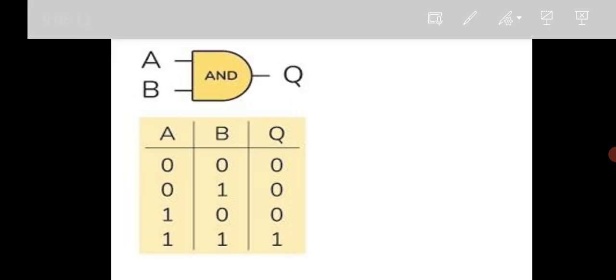Let's suppose that we have a circuit in which we have a bulb, which is connected to a source of power such as a cell.